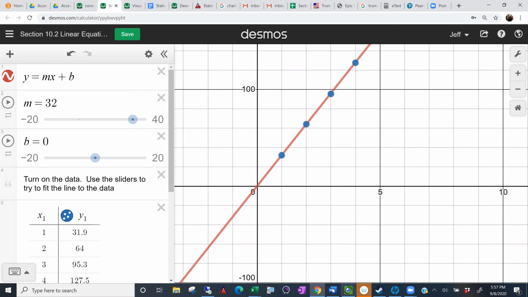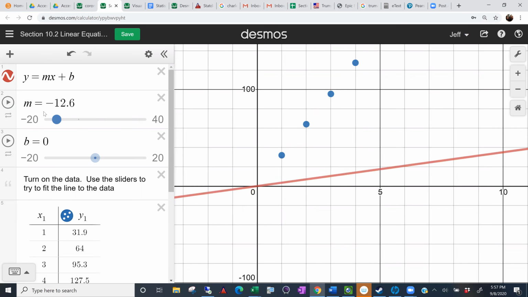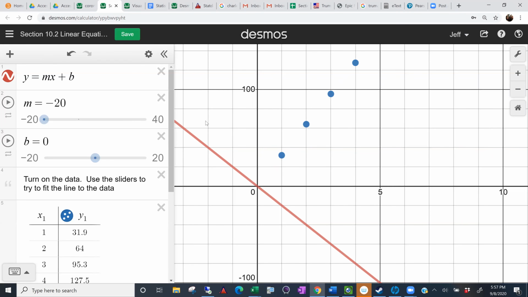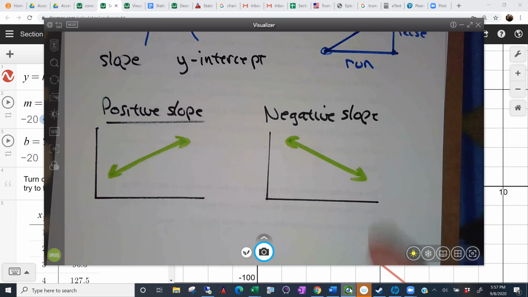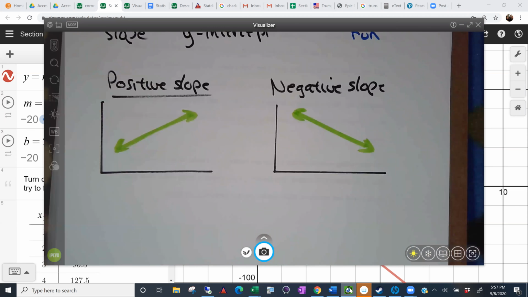For a negative slope, you should see something that as you move from left to right, the line is pitched downwards. That is, the farther to the right you move, the farther down the y-axis you're going to move. So that's something else that can happen when you graph a line: you can have a negative slope to your lines.